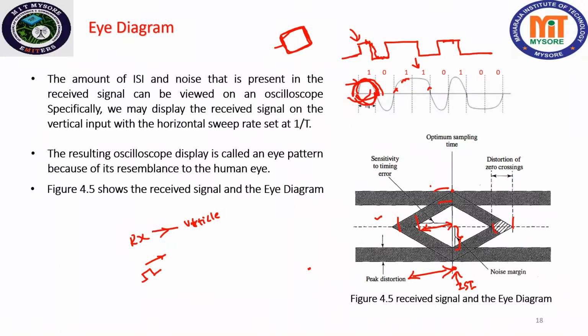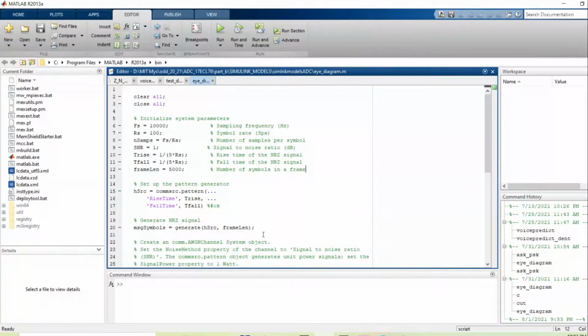Now let us simulate the same thing using MATLAB and try to understand the different scenarios. Okay, so this is the program which we have used to simulate the eye diagram. I won't go through the complete details of the program, but two important aspects I will show you.